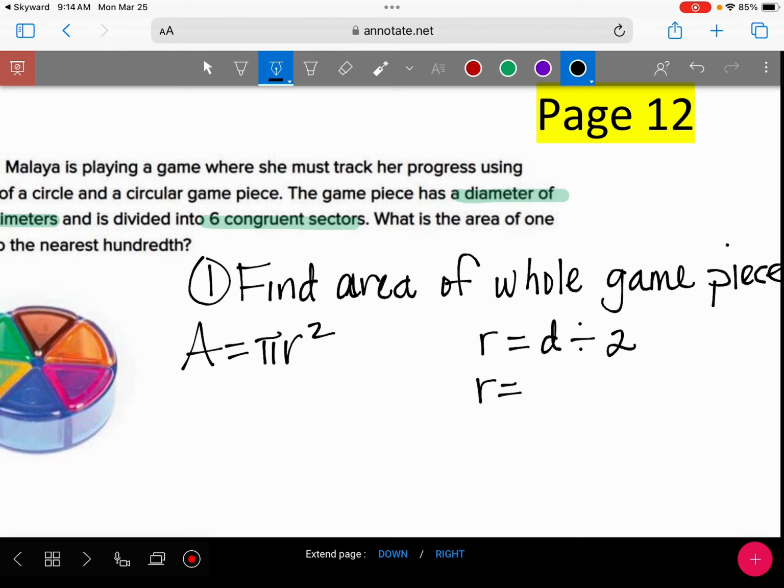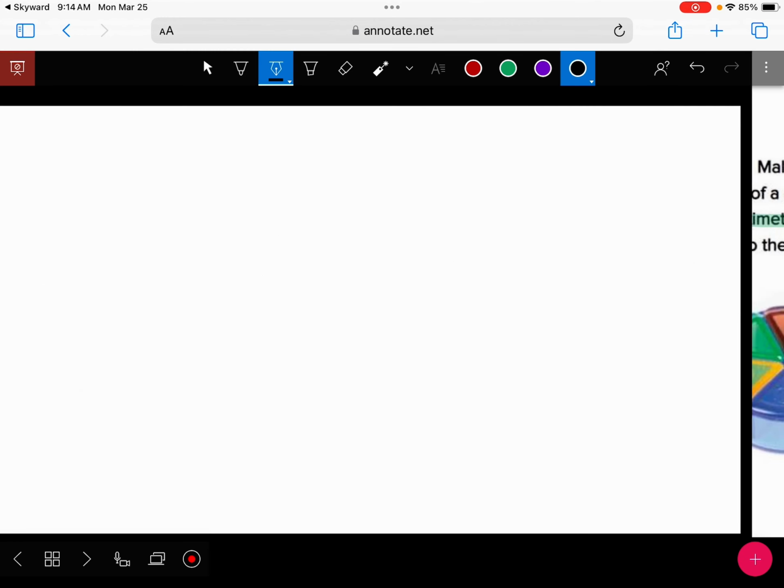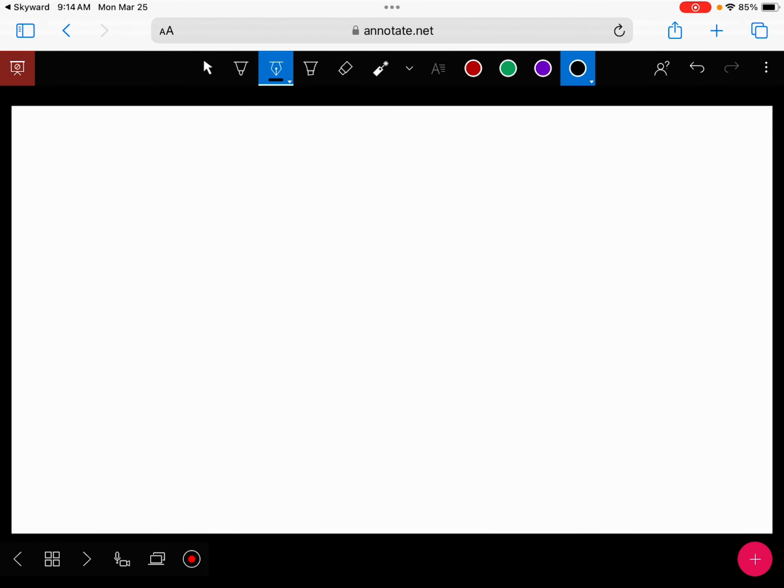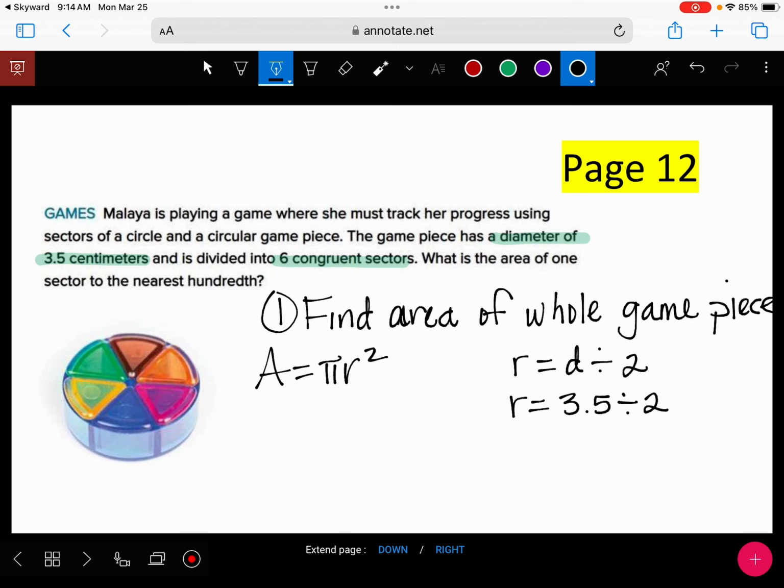So we need to find the radius. So we're going to take that 3.5, and I want you to divide that by 2 to get the radius. You should get 1.75. Who got 1.75 for the radius? Okay, good. So we know r is 1.75. So now that we know that, we can find the area.